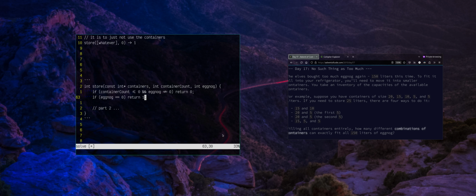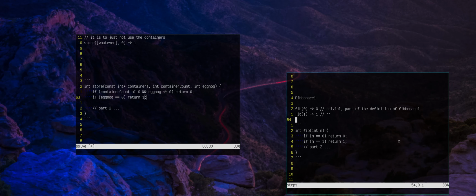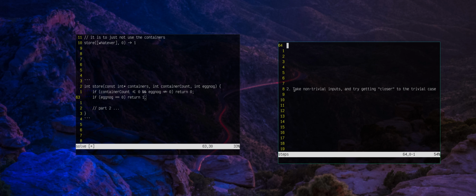And the second part, which is going to be a bit harder, is that we need to take some sort of non-trivial input and find something that is a bit closer to being one of these trivial cases, and somehow use the output of that to get our solution, right?